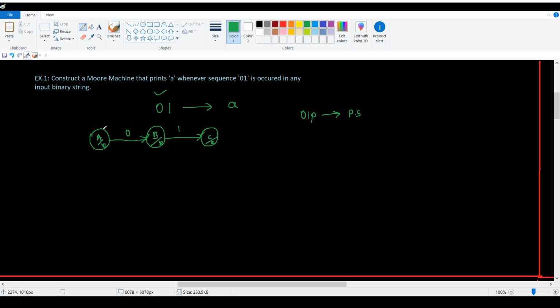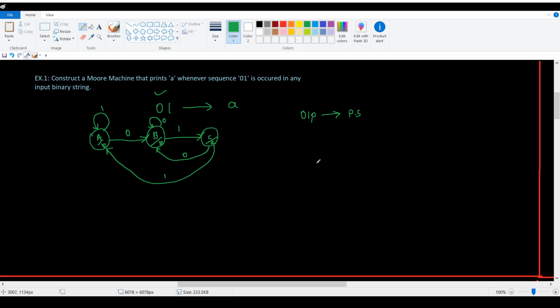If input is 1 at state A, next state will be A only. So at state B, if input is 0, next state will be the B only. At state C, if input is 0, next state will be B. And if input is 1, we need to start over again. So next state will be the A.